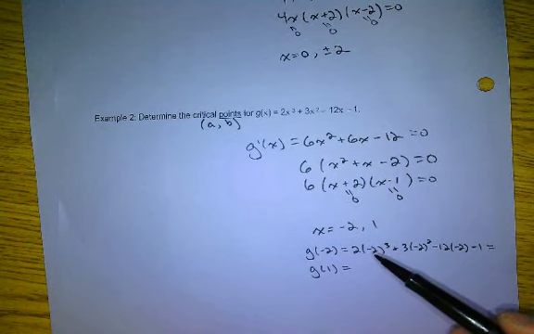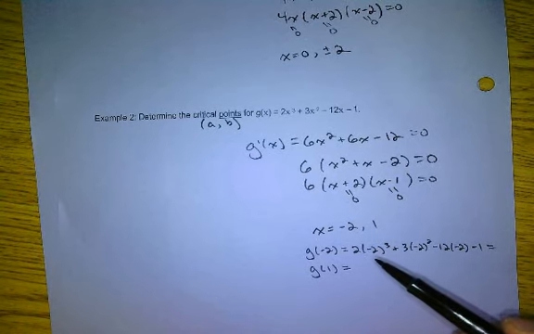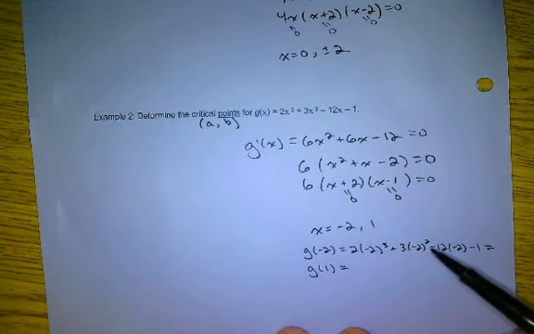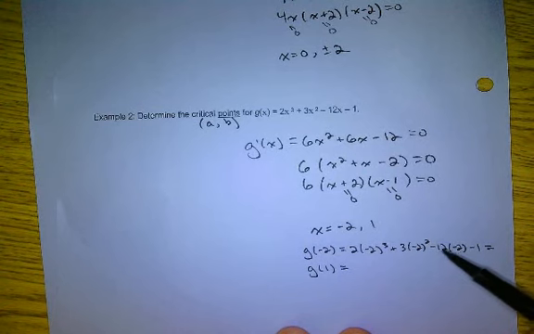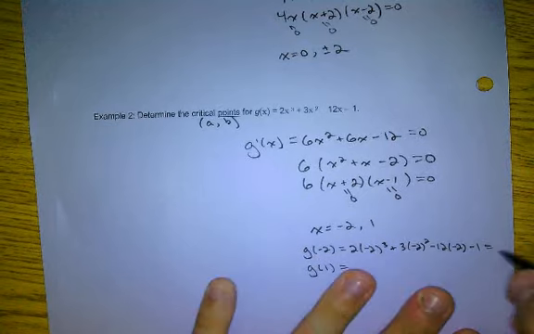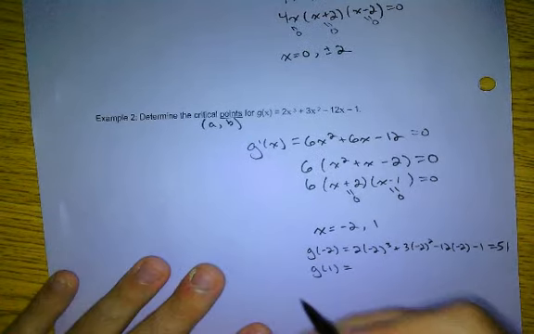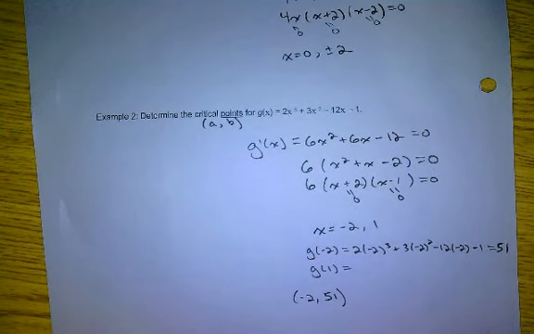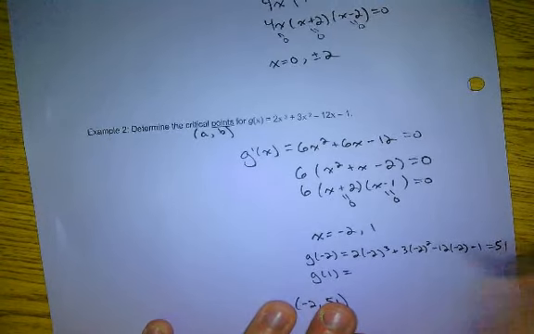Alright, so when I do this, I'm going to get, let's see here, looks like 16 plus 12, which is 28, plus 24, which is 52 minus 1, which is going to give me 51. So I'm going to have a critical point at negative 2, comma 51. Hopefully I did my math right there. Okay. Actually, this should be right.